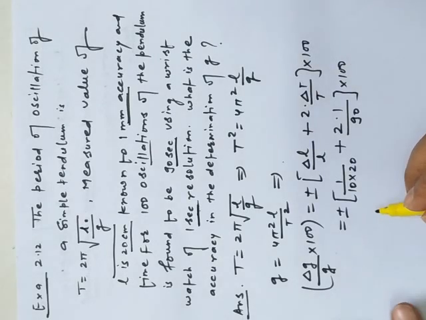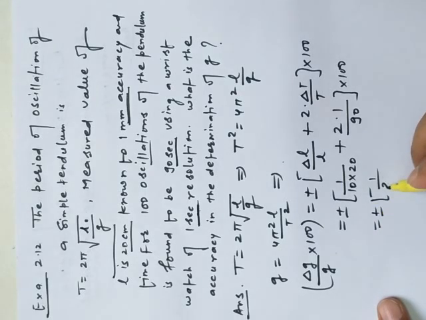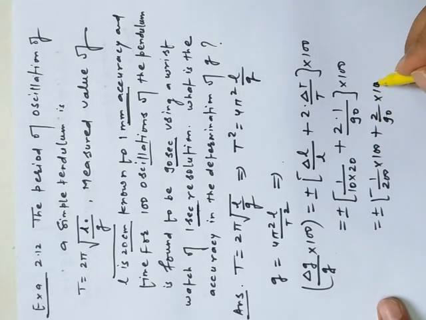Whenever I resolve it, plus minus, that is 1 upon 200 into 100 plus 2 by 90 into 100. 100 to 100 cancel, 10 to 10 cancel.